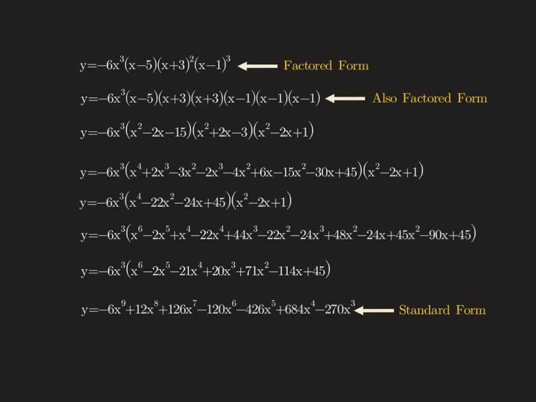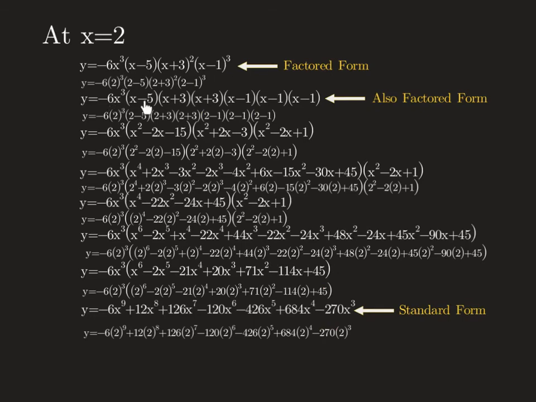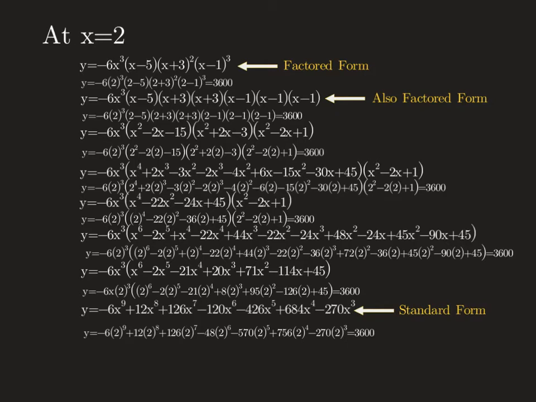So if I plugged in, let's say, x is 2, here, here, here, and here, each one of them is going to give me the same value for y. Let's try it out. All right, so it's going to equal 3600 for every single one of these equations.